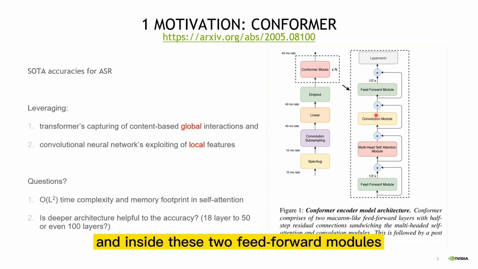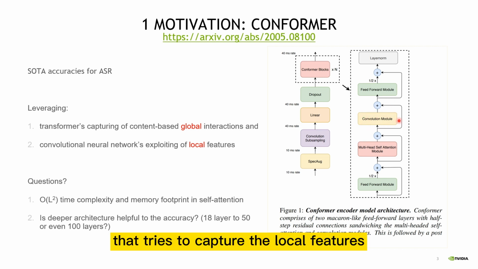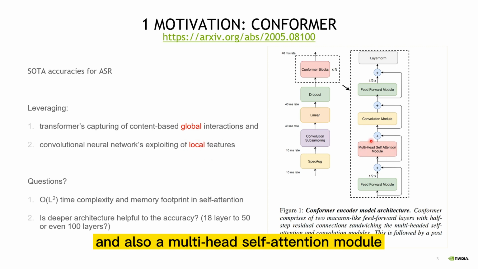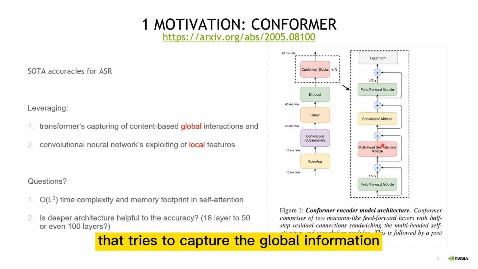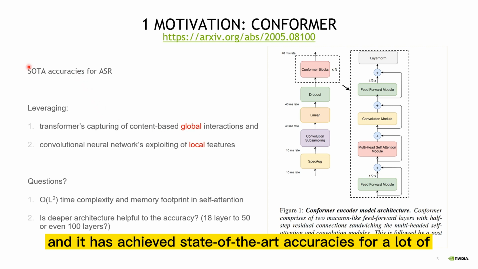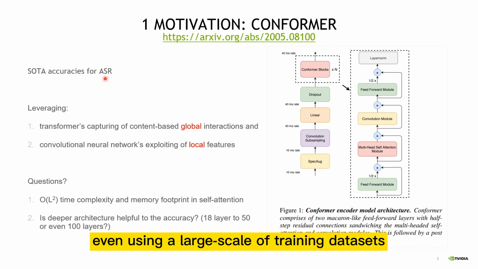Inside these 2 feed-forward modules, there is a convolution module that tries to capture the local features of the input wave, and also a multi-head self-attention module that tries to capture the global context information of the input. It has achieved state-of-the-art accuracies for a lot of languages of ASR, even using large-scale training data sets.